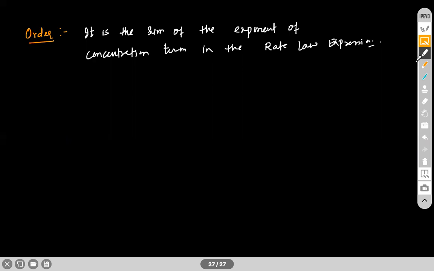For example, take any random reaction, A plus B plus C gives product.